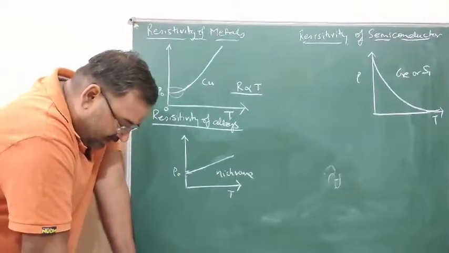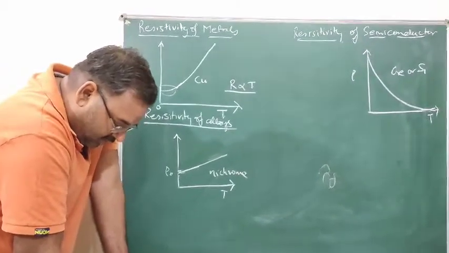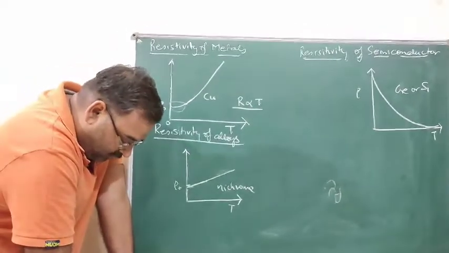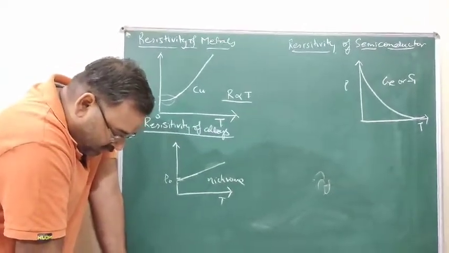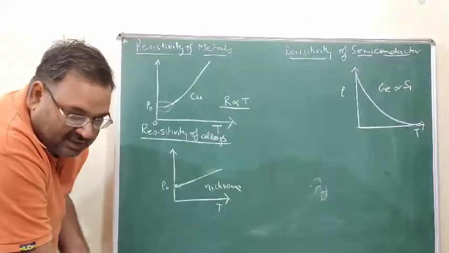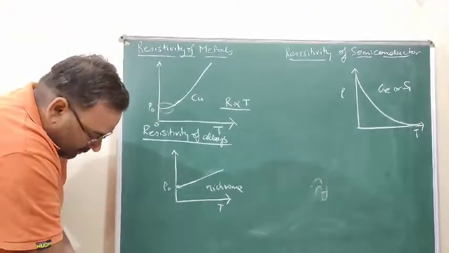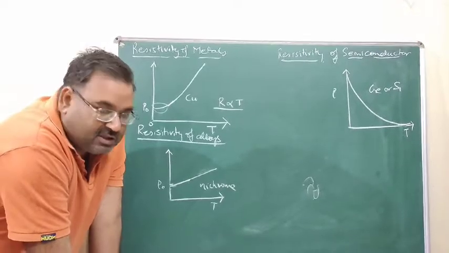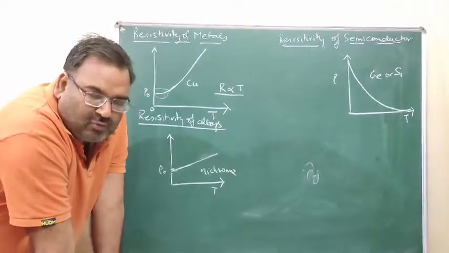On account of high and little temperature dependent resistivity, alloys like manganin, constantan, nichrome, etc., are used to make wires for standard resistance boxes or rheostats. Since you can see the slope is very small, what does it mean?